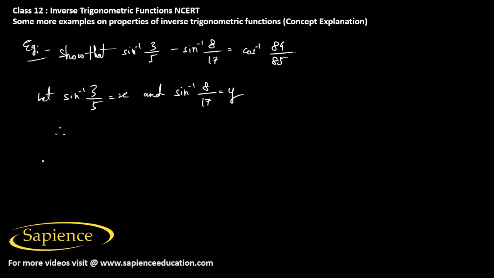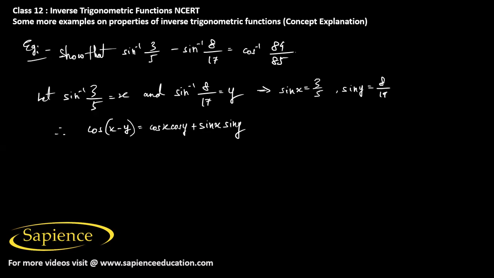Now cos of x minus y is equal to cos x cos y plus sin x sin y. So from here we can say that sin x is equal to 3 by 5 and sin y is equal to 8 by 17.